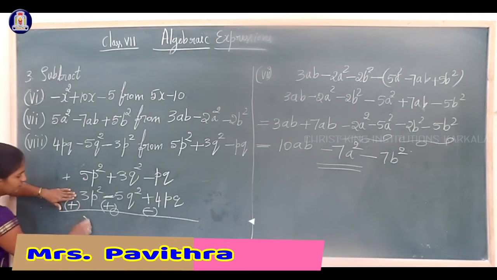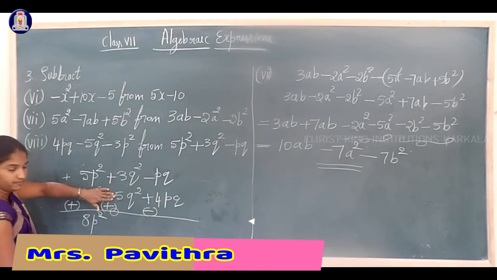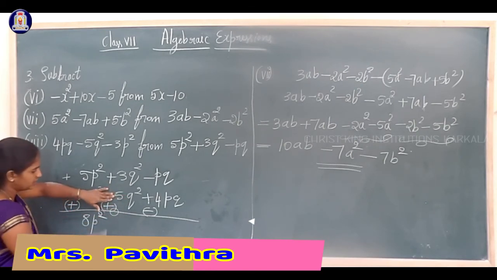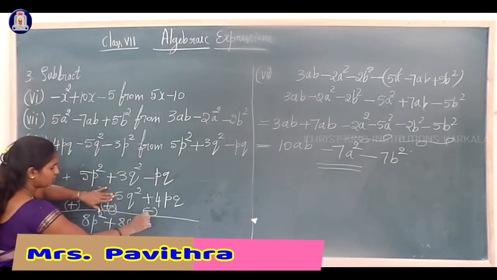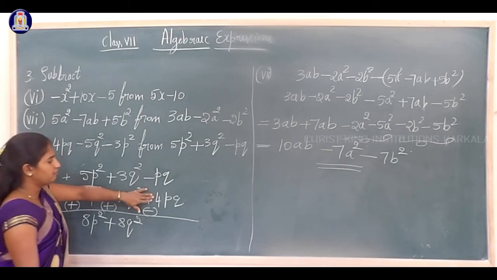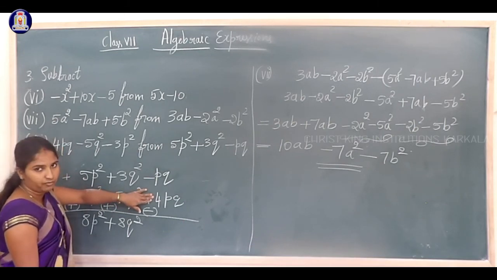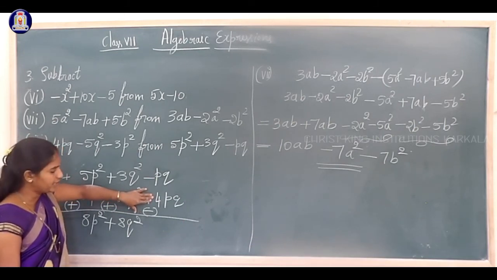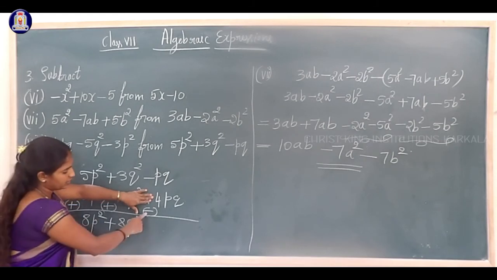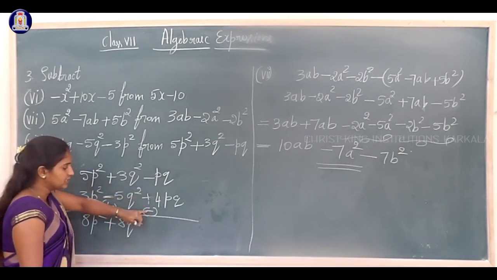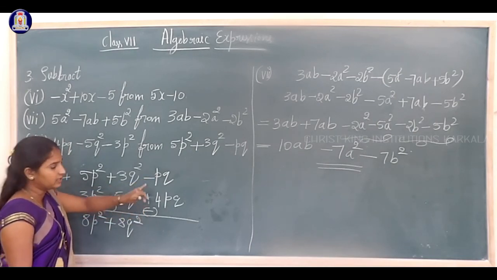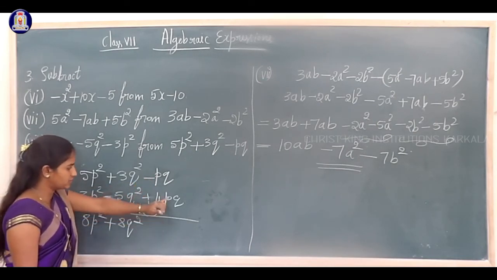5 plus 3, 8. 8p square. And here plus 3q square plus 5q square, same sign, addition. So 8q square. Now again minus pq, minus 1pq minus 4pq. So here also, same sign, don't see the middle sign. Now you have to consider the changed sign and the first sign. Minus pq minus 4pq.